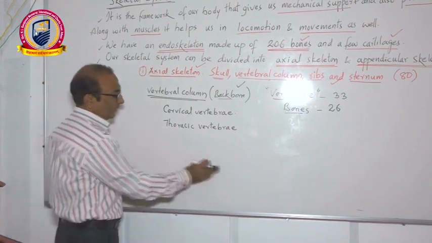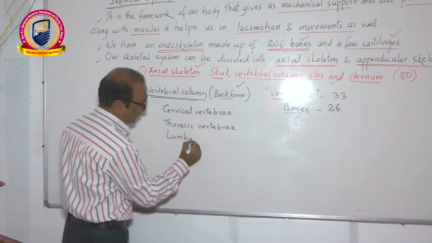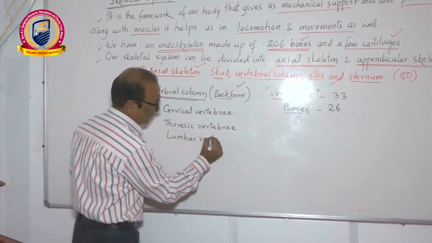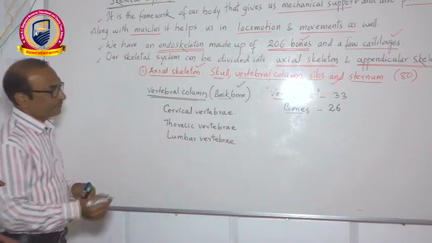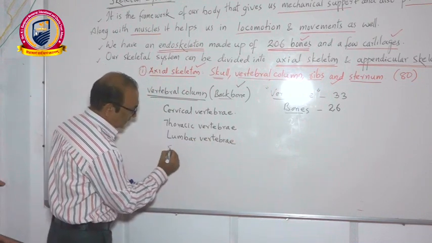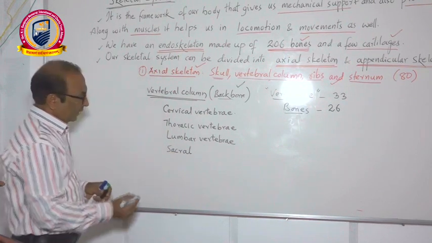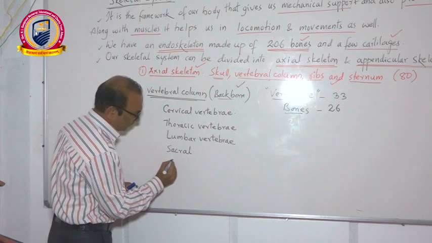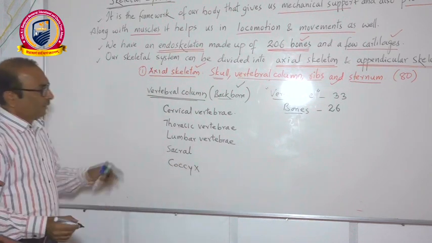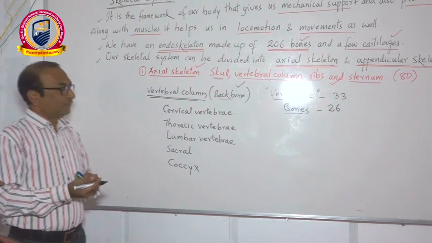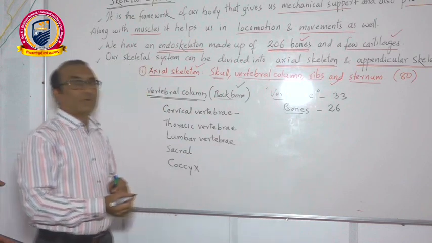Next comes the lumbar vertebrae, and then sacral, and the last one, coccyx. In all mammals, there is a common number of cervical vertebrae.